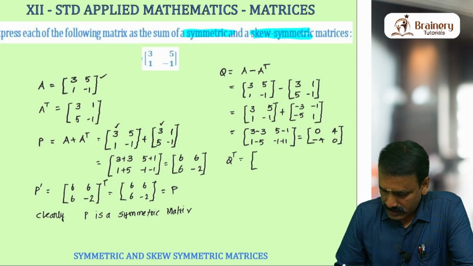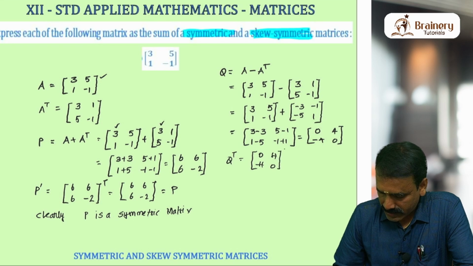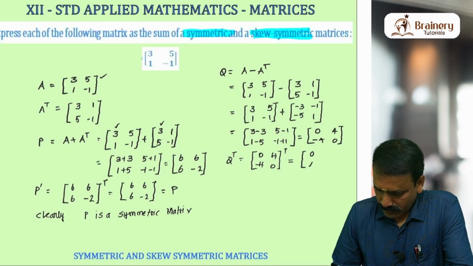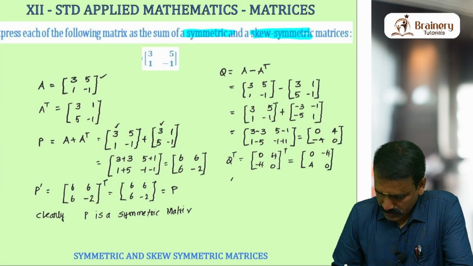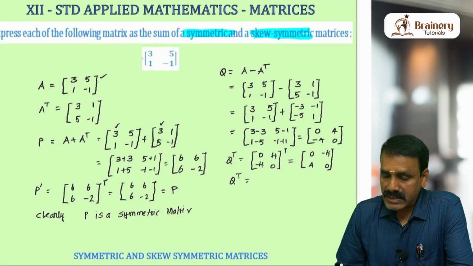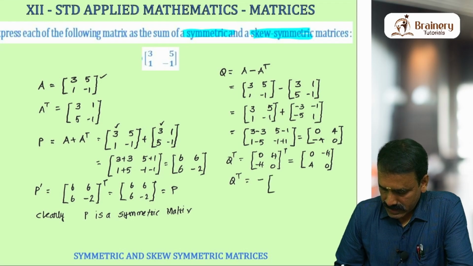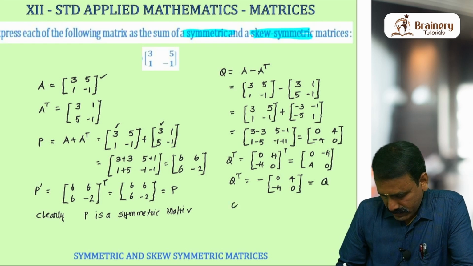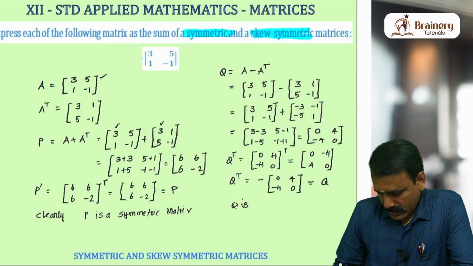Q transpose will be equal to the transpose of [0, 4; -4, 0], which is [0, -4; 4, 0]. I take a minus symbol outside, so it is minus [0, 4; -4, 0]. So Q transpose is equal to minus Q, correct? So Q is skew symmetric.